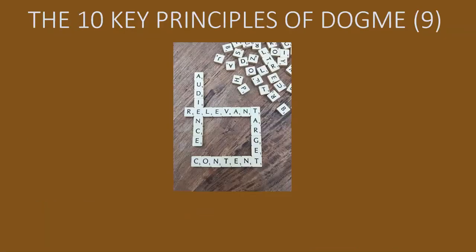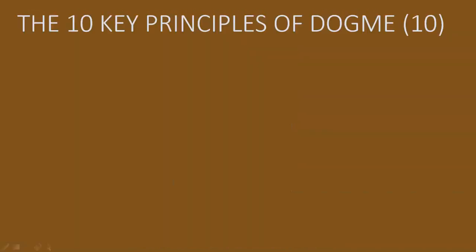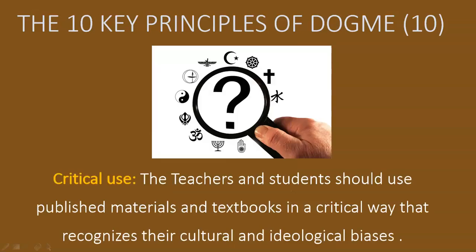Number 9 is relevance. Material should have relevance for the learners. I think that goes back to a previous slide in some ways, where the learner is producing the material. Okay, and number 10, critical use.